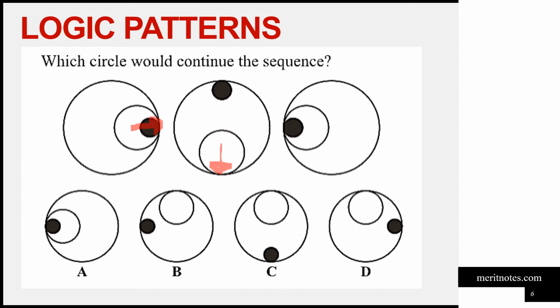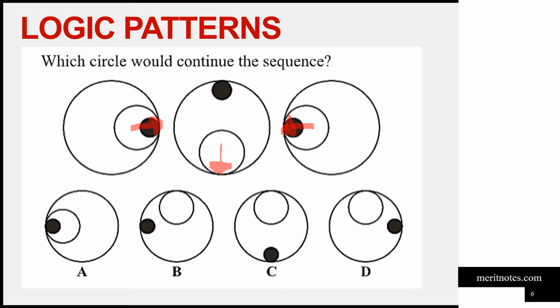And the smaller circle on the third one is on the left side. Now, if you observe, you can see that the smaller circle is actually moving in a clockwise direction. So from here, coming lower and then going to the left.